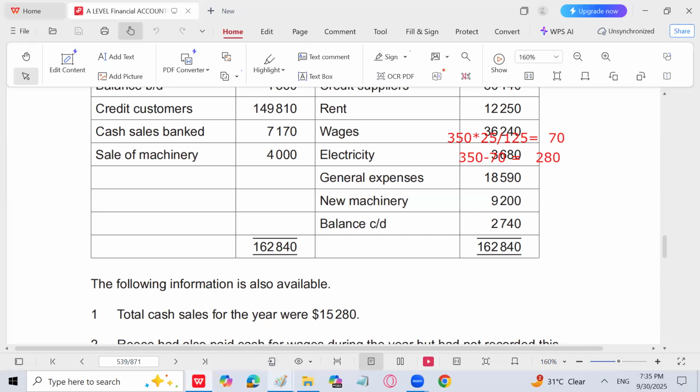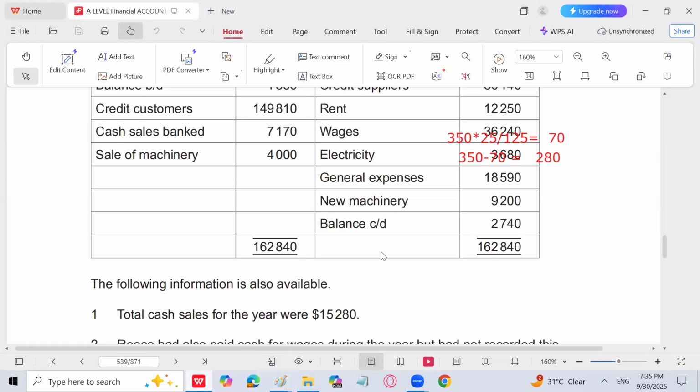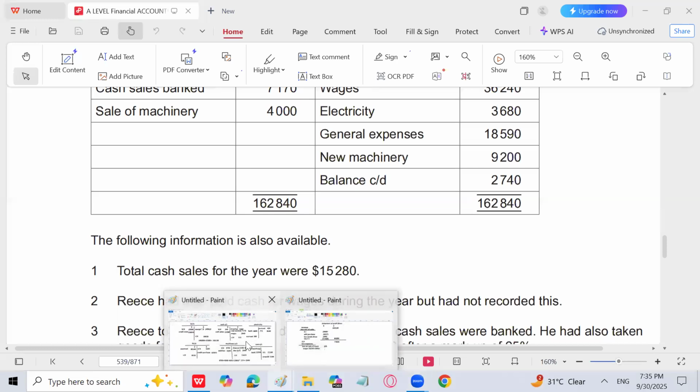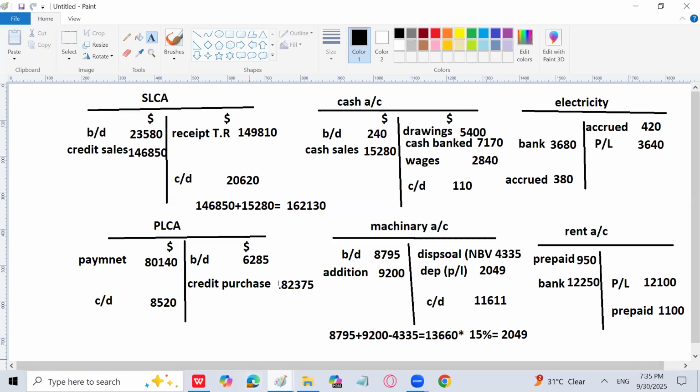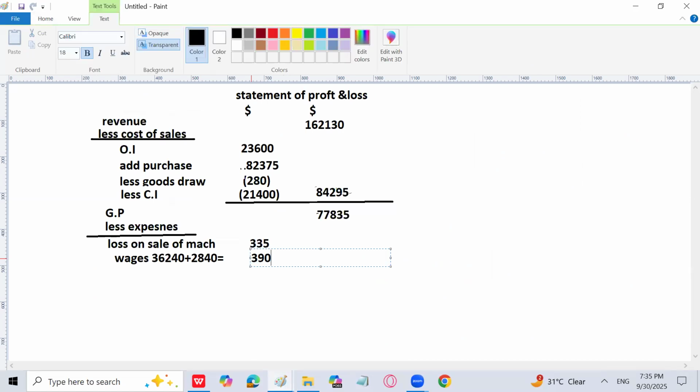So I will write here 36240 plus 2840, which is the cash wages for the year that had not been accounted for. 39080.